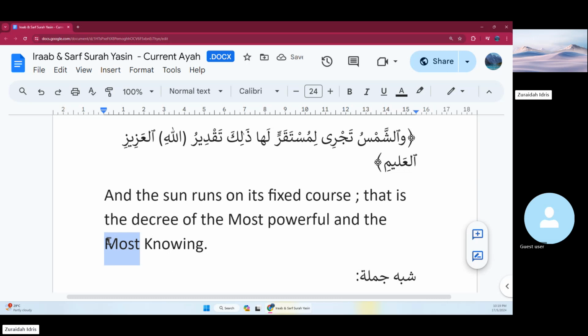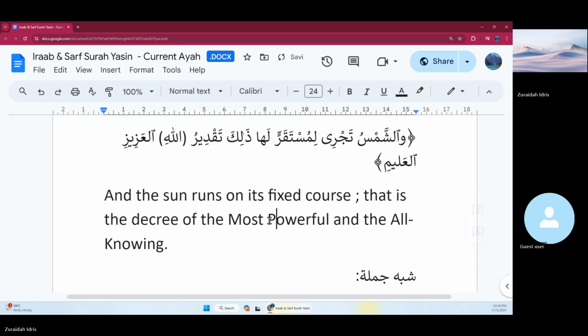I think they use this one. Okay, all, but okay, nice. This is also right. It looks okay. There, the sun runs on its fixed course. That is the decree of the all-powerful and the all-knowing.